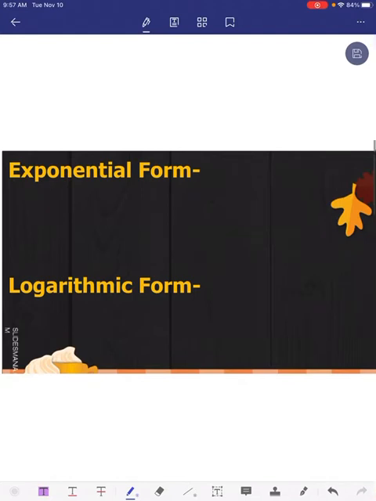So our exponential form is going to look like b to the y equals x, and our logarithmic form is going to be log base b of x equals y.